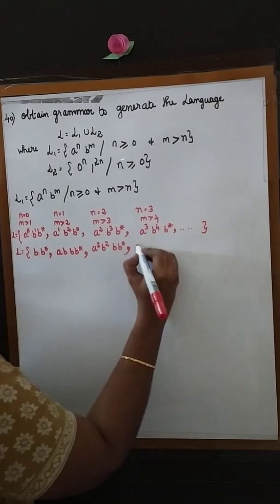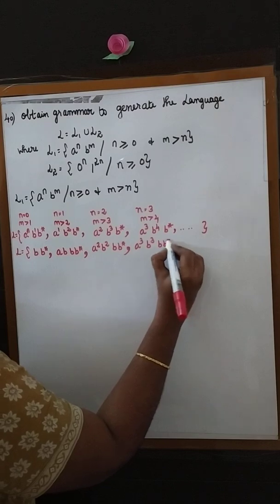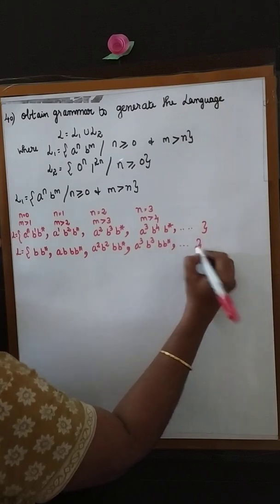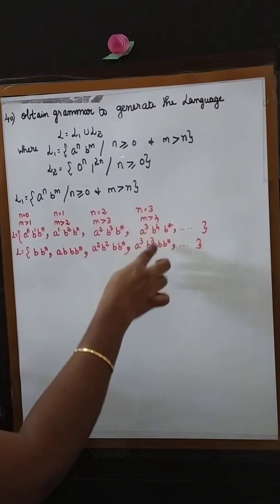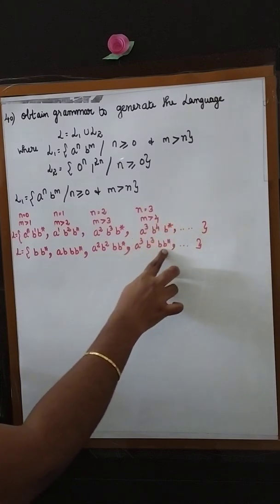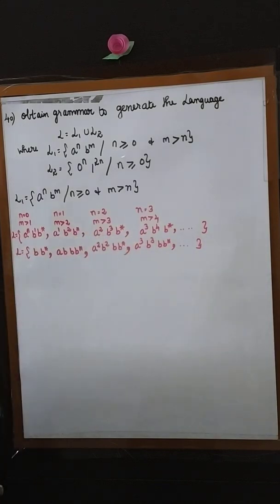And then here a cube, b cube and then b star, and it will go on. Since we had 4 here and 3 there, I have removed 1 b here. Since you had 3 here and 2 there, I have removed 1 b.